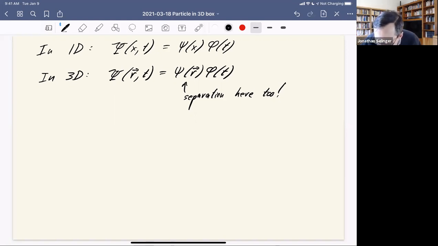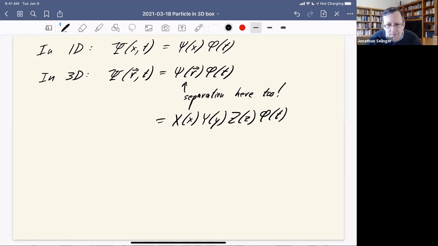We could write that as big X of little x times big Y of little y times big Z of little z times phi of t. It's a multiple separation, separating x and y and z and time.